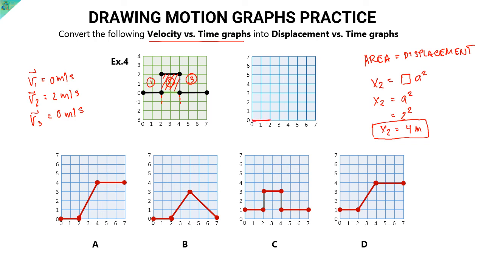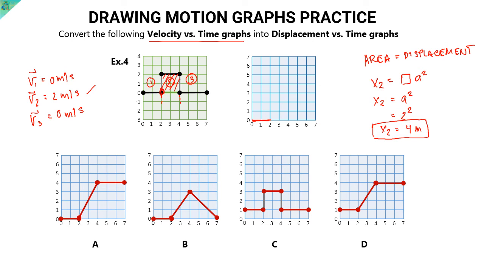So, if you're not moving, you'll stay at 0 meters within 2 seconds. And after a while, you increase your velocity, right? From 0 meters per second, pumunta siya ng 2 meters per second.